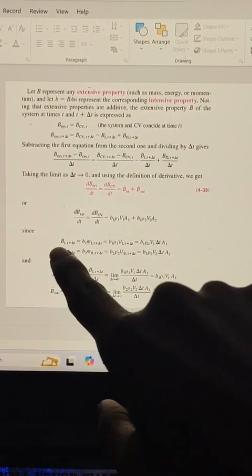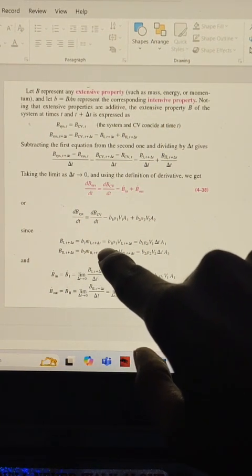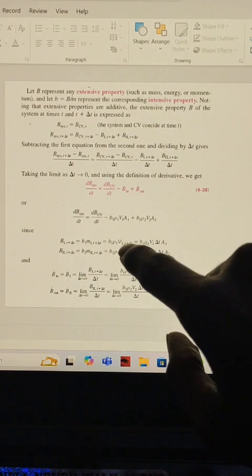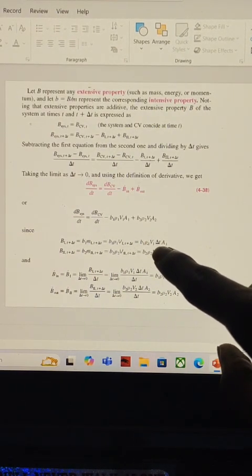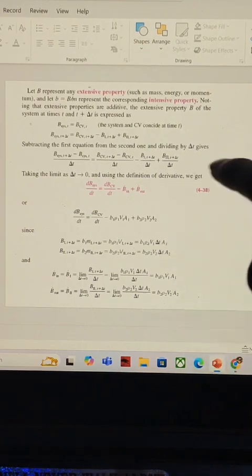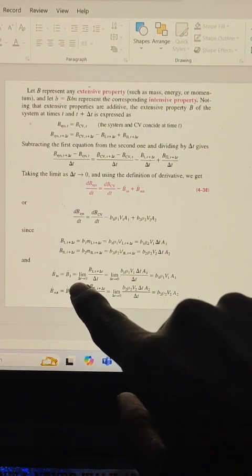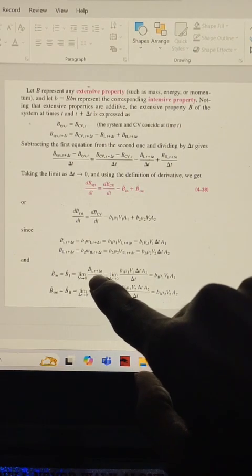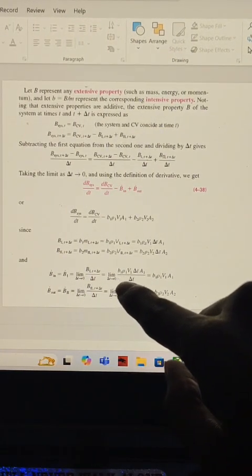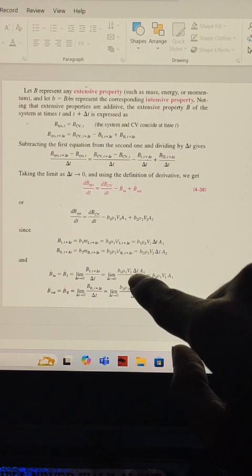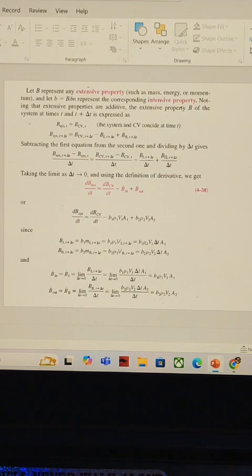Since we can use B in equals b1 m1 equals b1 rho1 V1 delta t A1, B in over delta t equals b1 rho1 V1 delta t A1 over delta t, which equals b1 rho1 V1 A1.